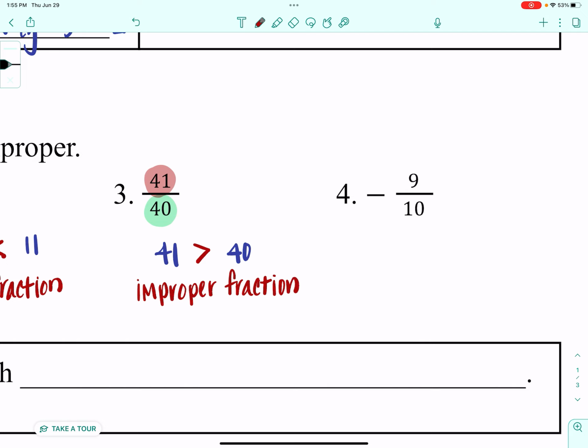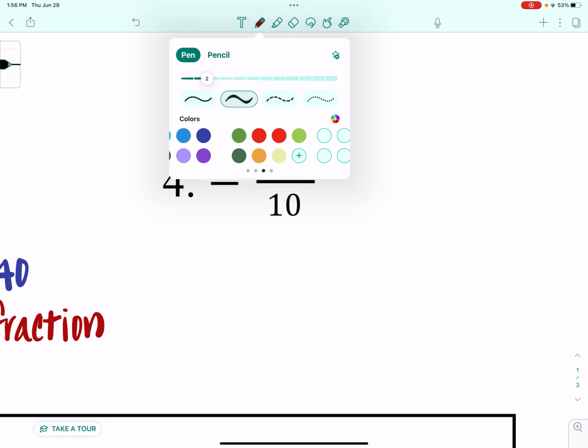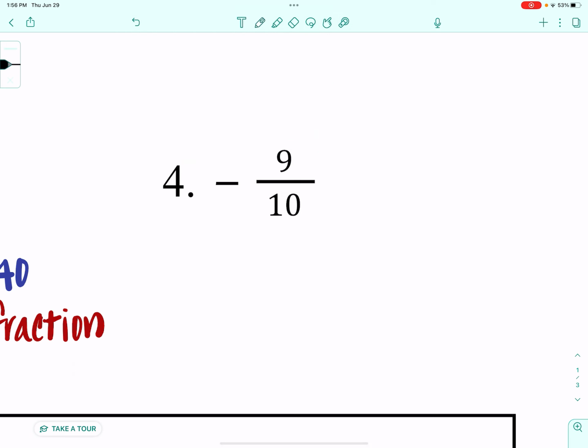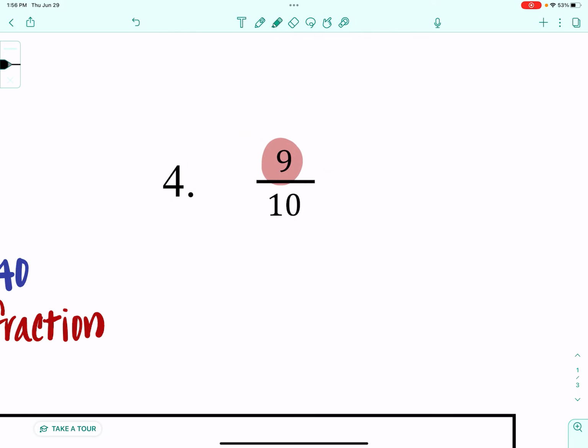I stuck number 4 in here because not only do fractions make people nervous, negative fractions send them over the edge. But what we're going to do is pretend that this negative isn't even there. We are still only going to focus on the numerator and the denominator.